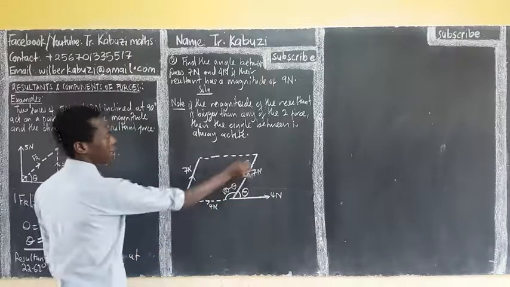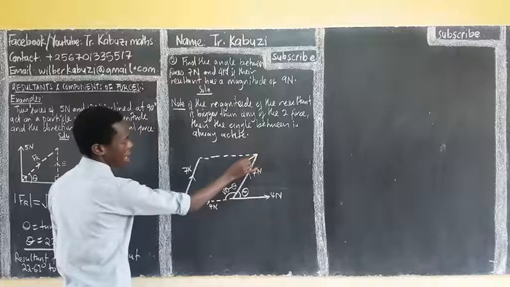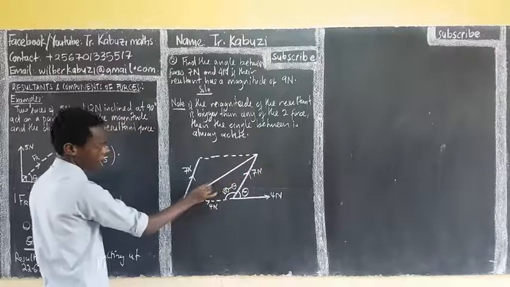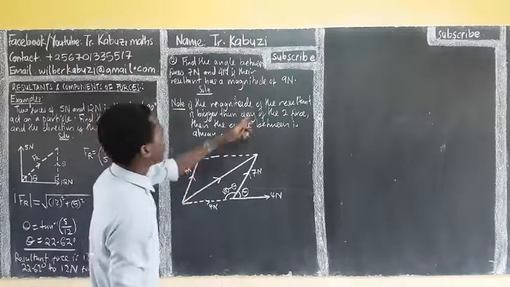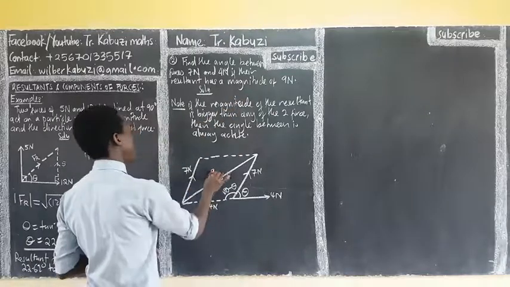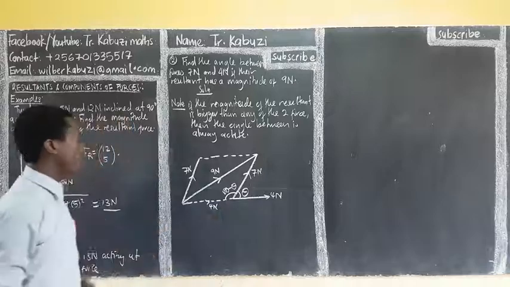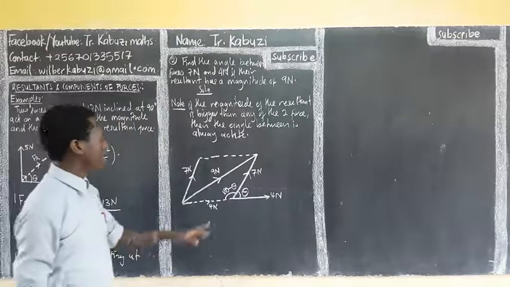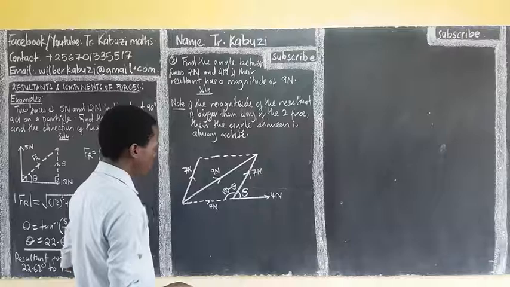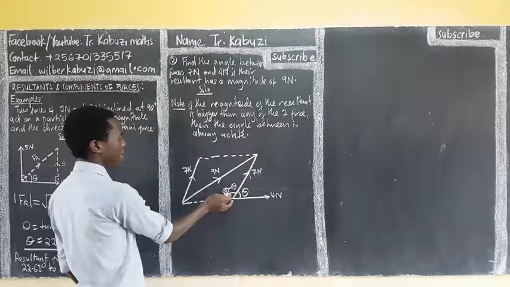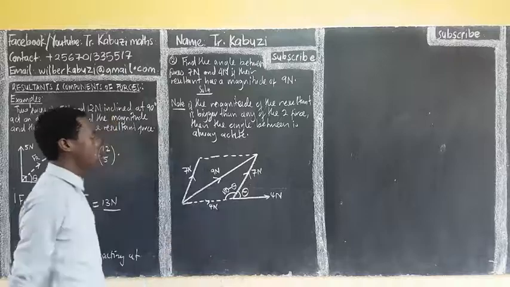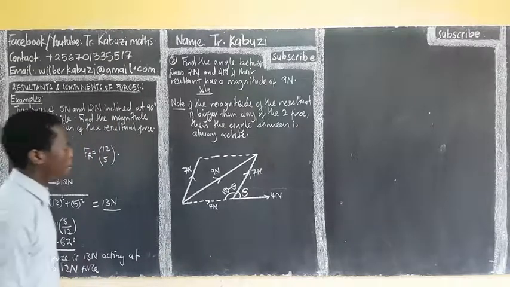This one is going to be our resultant force. But this time they are giving us the magnitude of that resultant force, which is 9 newtons. So now they want us to get this angle. We have this, we have this, we have this, so we can get theta.